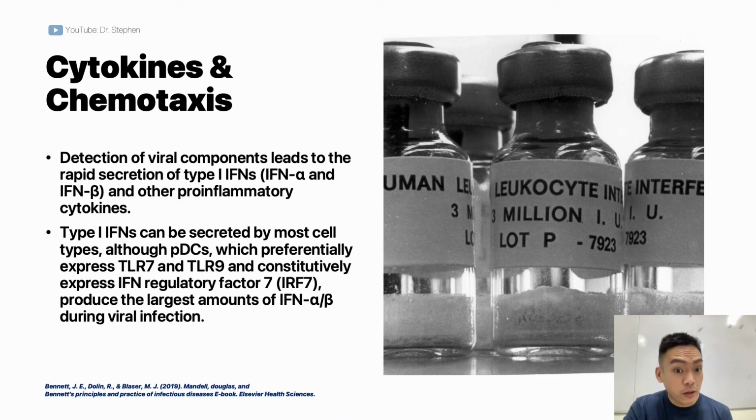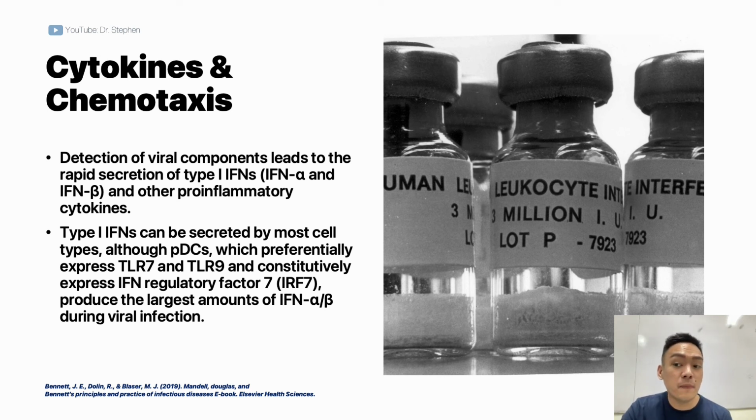Detection of viral components also leads to the rapid secretion of type 1 IFNs, the alpha and beta, and other pro-inflammatory cytokines. Type 1 IFNs can be secreted by most cell types, although PDCs, which preferentially express toll-like receptors 7 and 9, and constitutively express IFN regulatory factor 7, produce the largest amount of IFN alpha or beta during a viral infection.